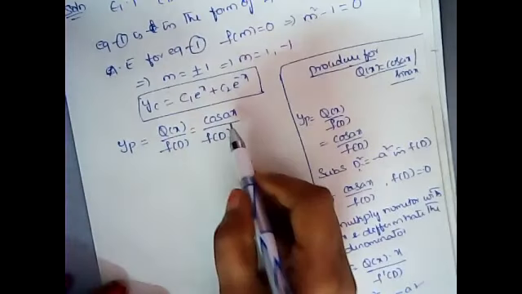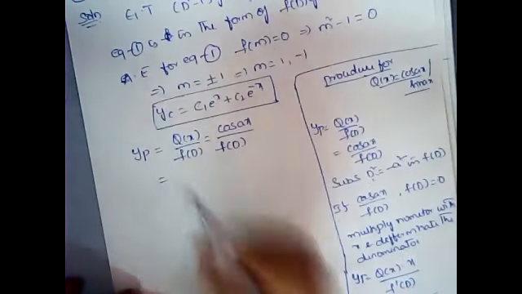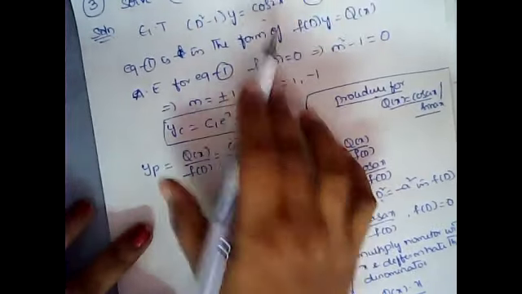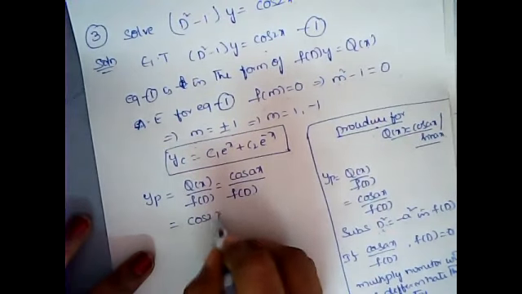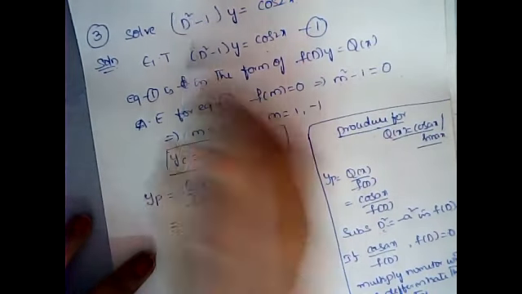Now let us apply this procedure. cos ax by f of D: cos ax is given as cos 2x, by f of D, which is D squared minus 1.